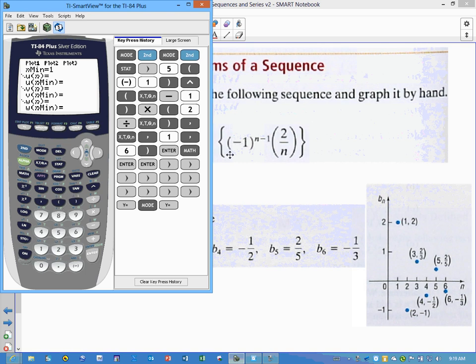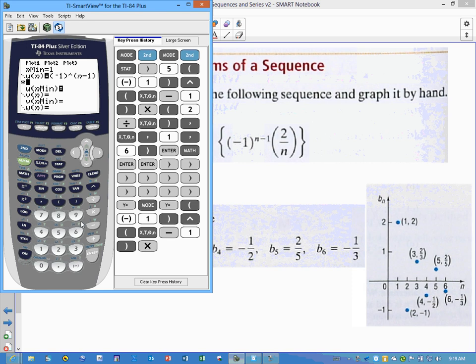So putting in the general term again, it's going to be open parenthesis, -1, close parenthesis, to the n minus 1, close parenthesis, and then times 2 divided by n. So I put my general term in there for u of n. That's the function that gives me my term depending on what n is. N is the input, and the value of u sub n would be the output.